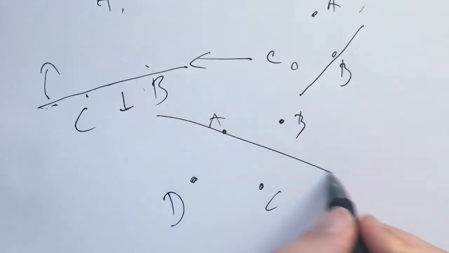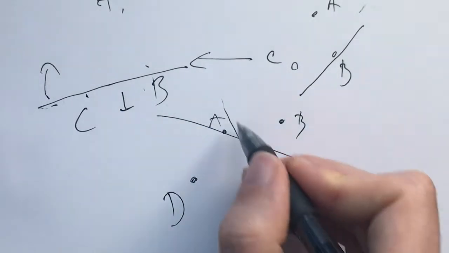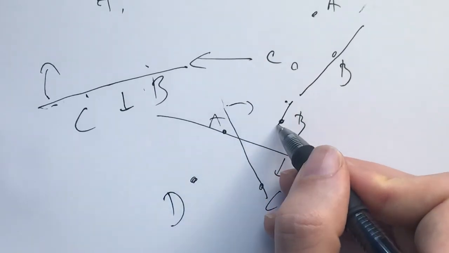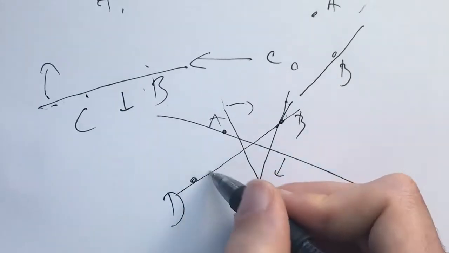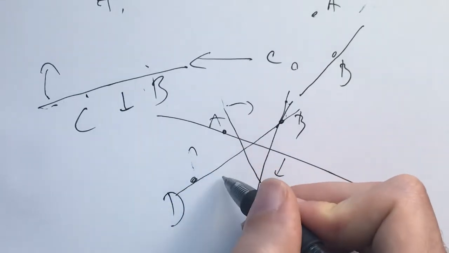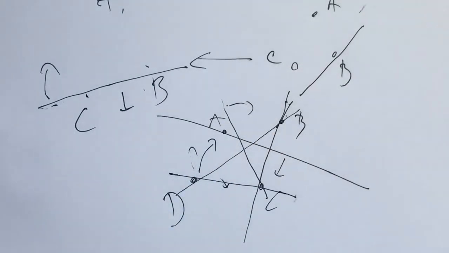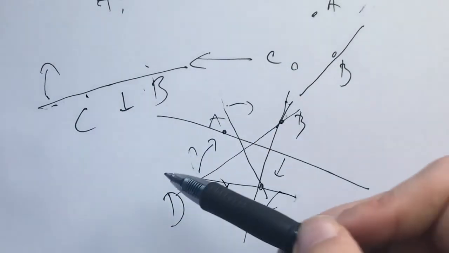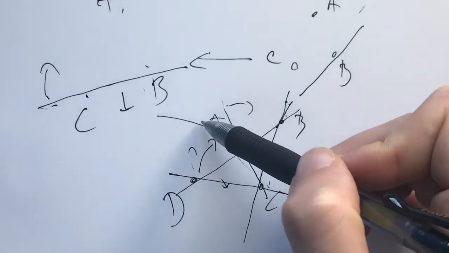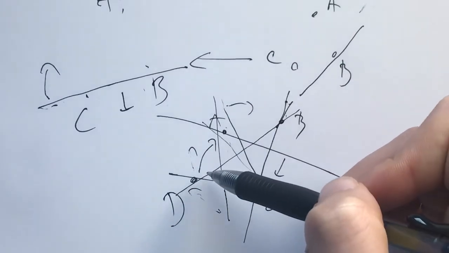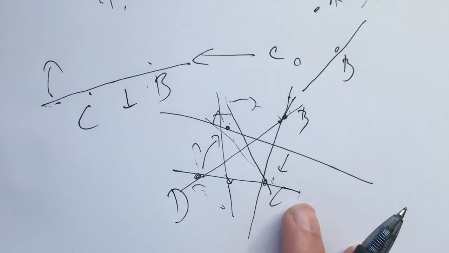In this case, if I put the windmill here, it will go from A to C, then from C to B, and then from B it starts rotating, goes from B to D, and then from D to C, and then from C to A, and we're back again. Then it seems it's going to go from C to A, and then it goes to D, I think. Yeah, it goes to D, then it goes to B. It has a big cycle.